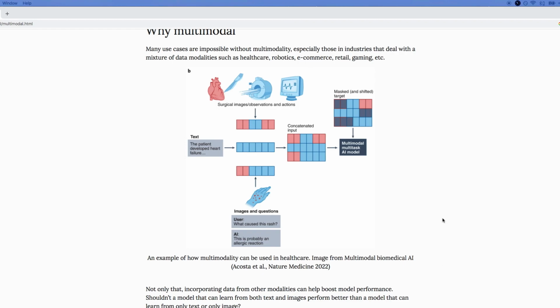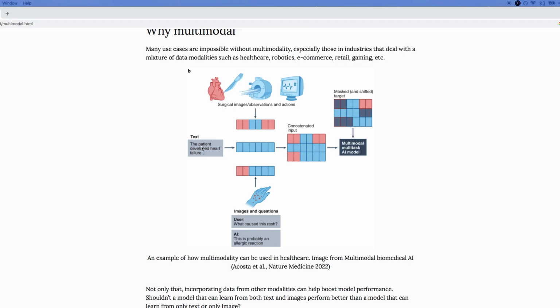So let's pause here and quickly go over this image. As we can see, a diagnosis can have multiple pieces of information. It can have user and AI Q&As or user and doctor Q&As. It can have the doctor's or nurse's notes as described here. It can also have all kinds of imagery information that's captured.